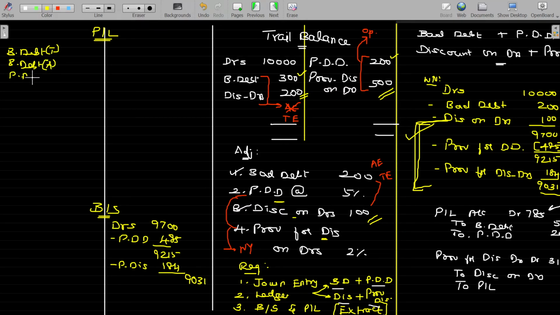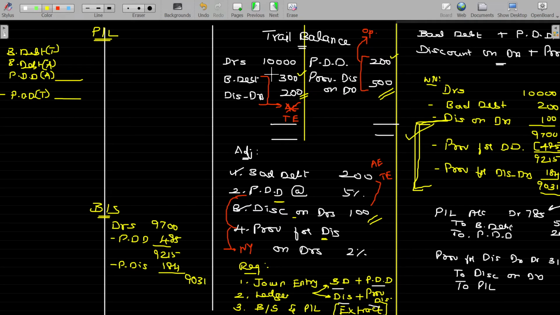Provision for doubtful debts to be created for the next year's requirement, given usually in the adjustments. From there, subtract provision for doubtful debts already available, which is nothing but the opening balance given in the trial balance. The ultimate value is nothing but transferring this balance to either the debit side or credit side. If the value is positive, put that value in the debit side. If the value is negative, put the value in the credit side.